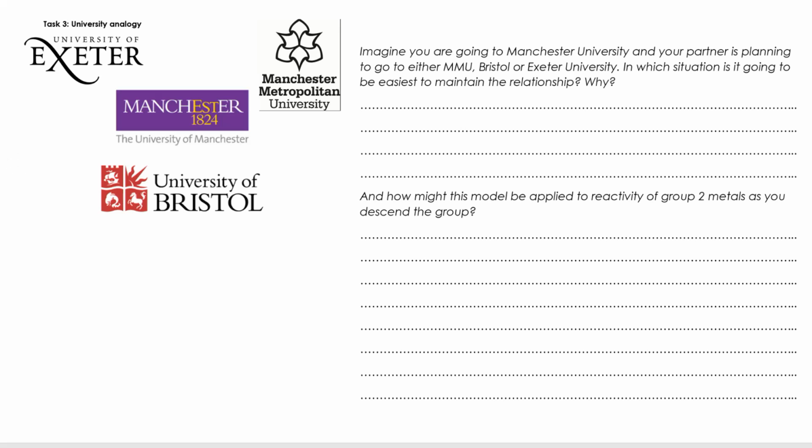One goes to Manchester University, one goes to MMU, one goes to Manchester and one goes to Bristol, or one goes to Manchester and one goes to Exeter. Now, you might need to look at a map here if you don't know where those places are, but why would I be talking about that in the context of this? Have a think about it, and I'm going to go through. Pause.